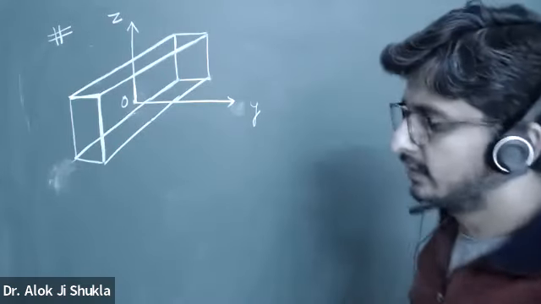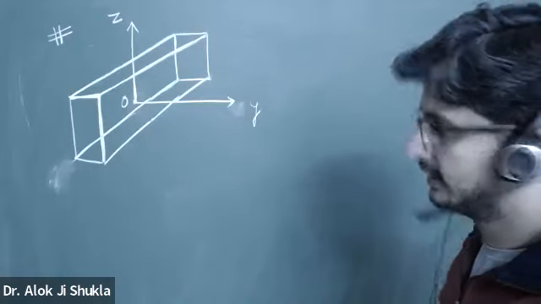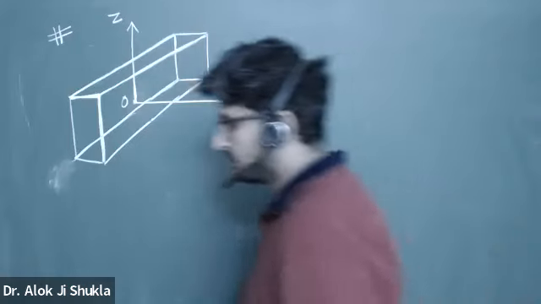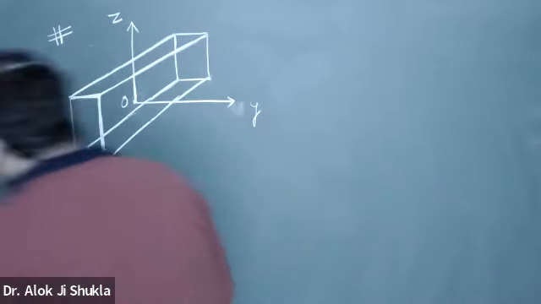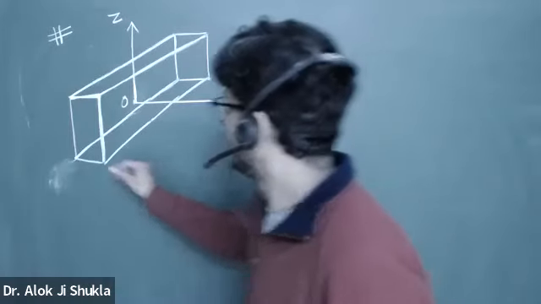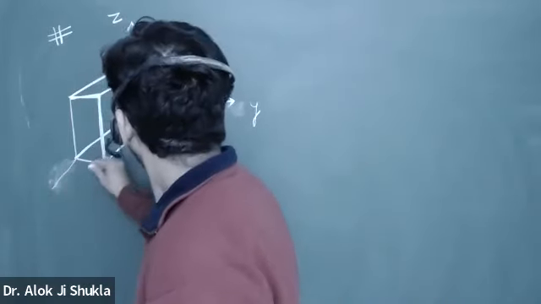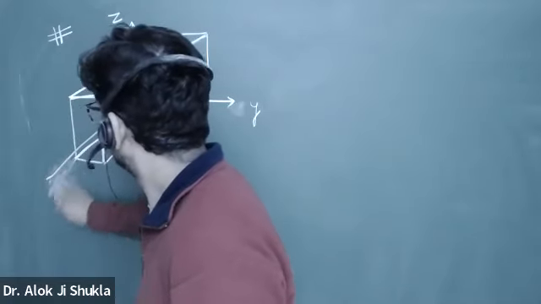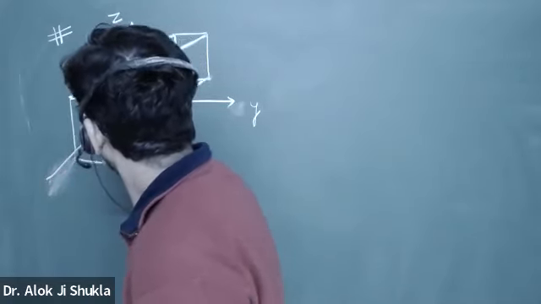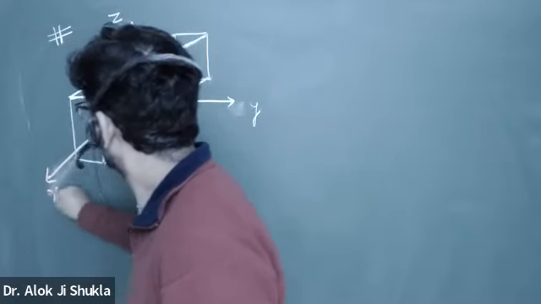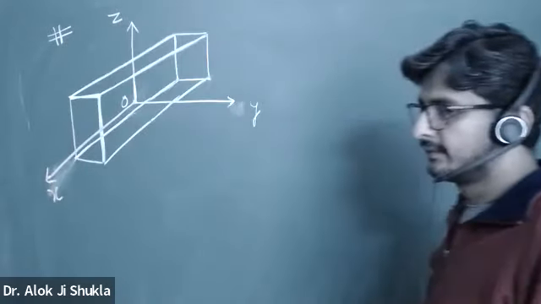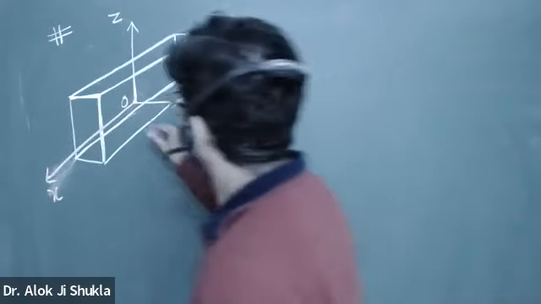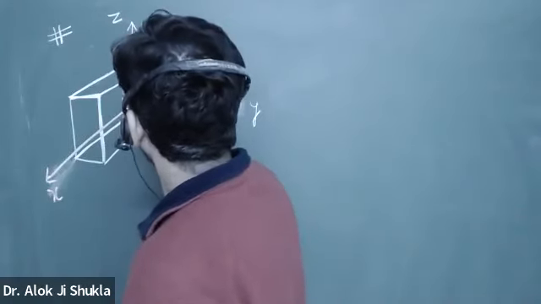So how to calculate the electric field? That is the question. Because it is infinite in this dimension, suppose this is the x-axis. Now you have to make a cylinder.